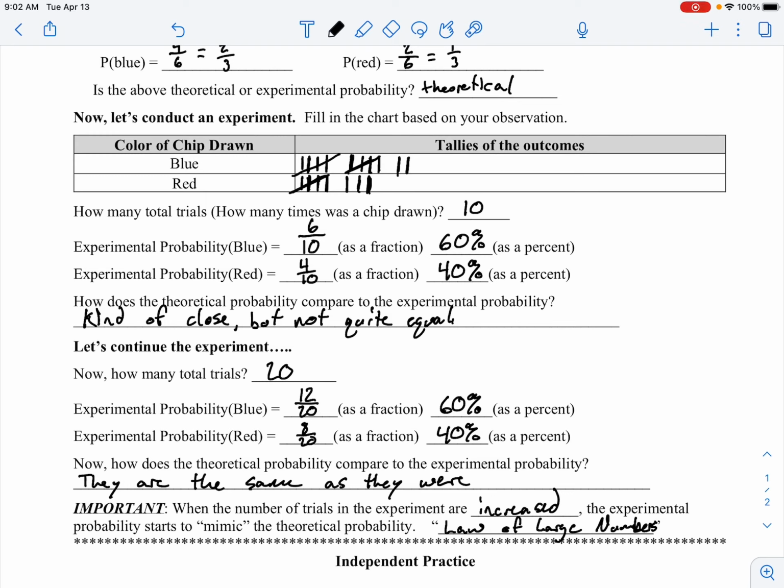So we have a little bit of time here. I'm going to do 10 more draws just to see if we can start to see this happen. So we've got a blue. We got another blue, so that's 2.